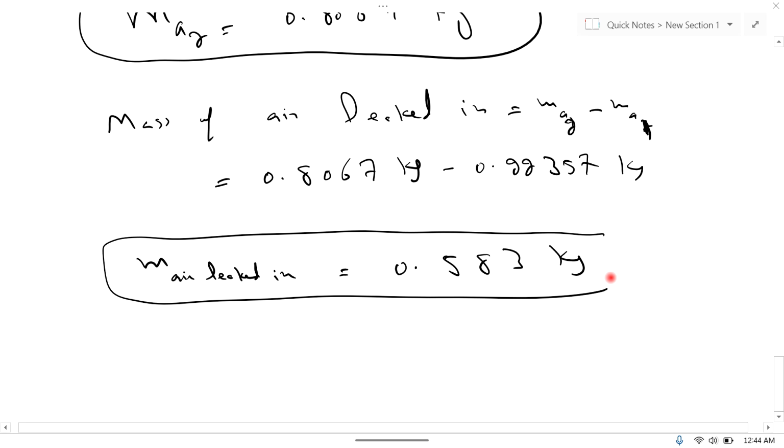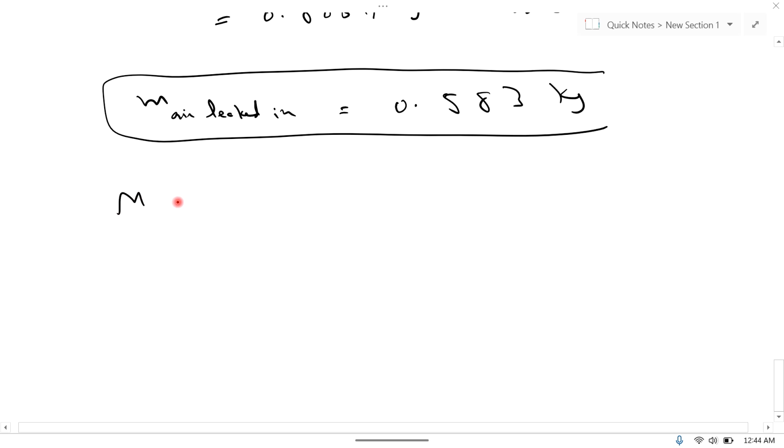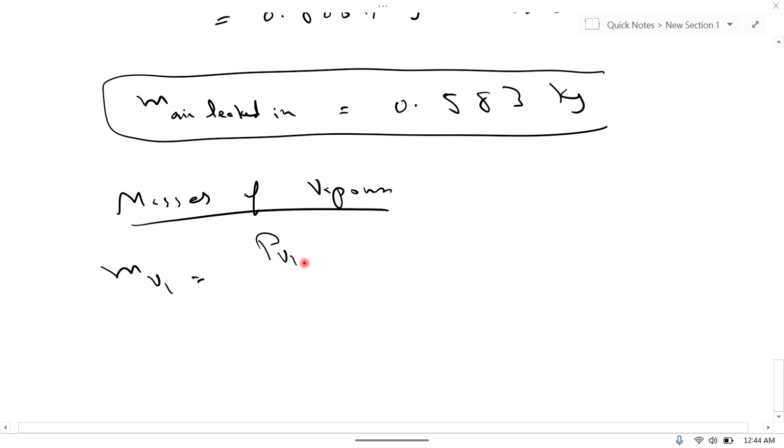So for this we are finding mass of vapors, mv1 and mv2. So mass of vapor initially is equal to PV divided by RT. So pressure of vapor initially multiplied by total volume, divided by R value for vapor multiplied by initial temperature. So PV1 is already calculated by us, which is 6.6816 kilopascal, meaning kilonewton per square meter.